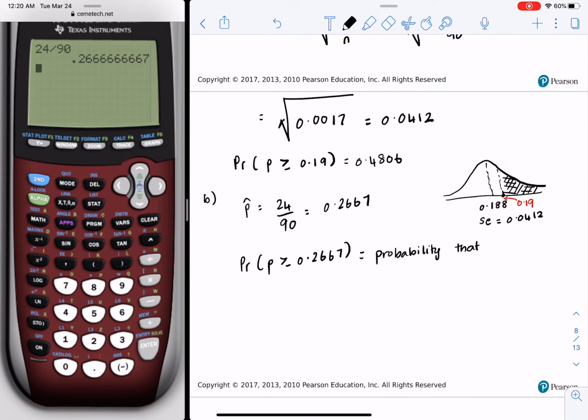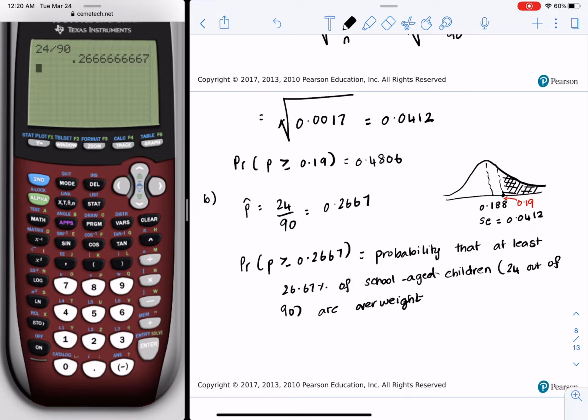So that would be the probability that at least 26.67% of school-age children are overweight. And how did we get that number? That number is 24 out of 90 are overweight. And what are the chances of that happening?